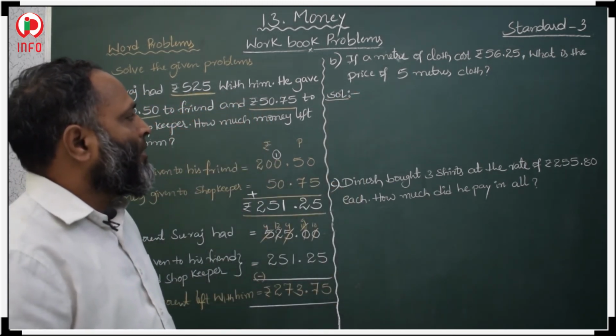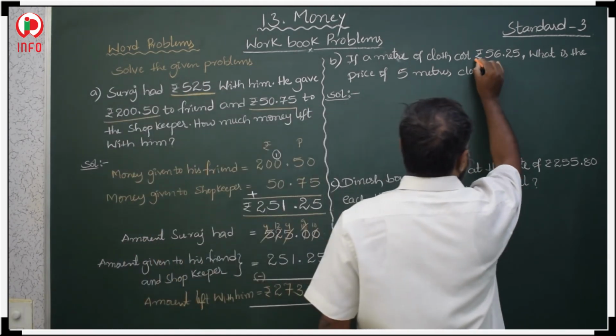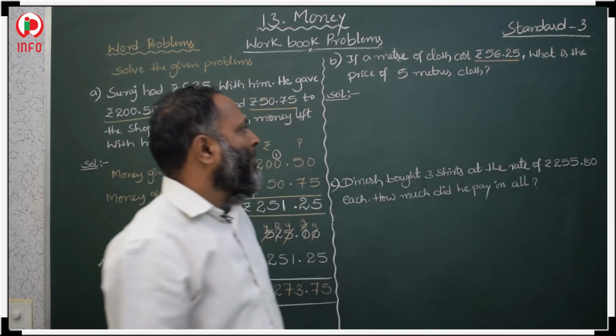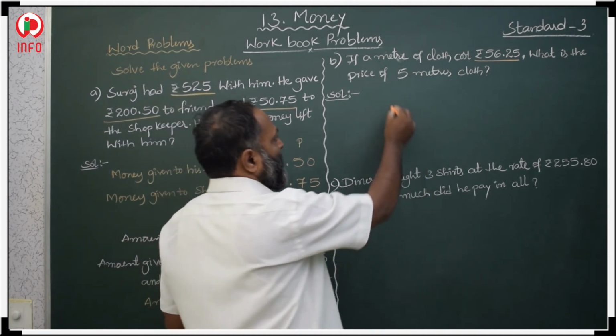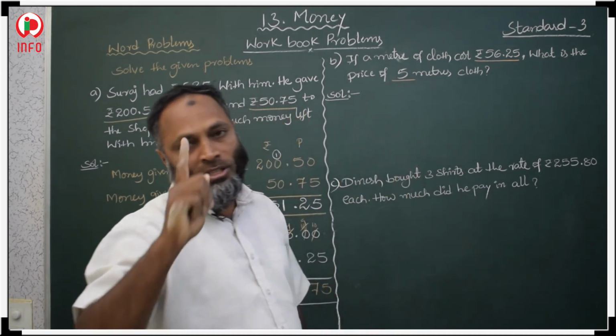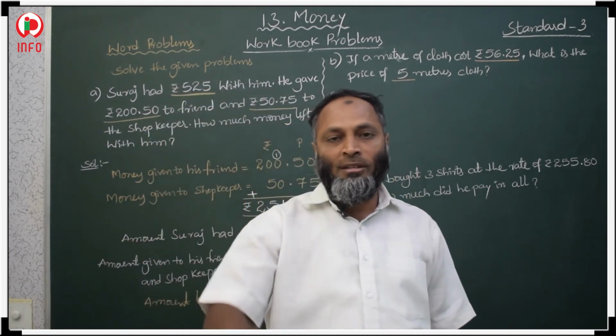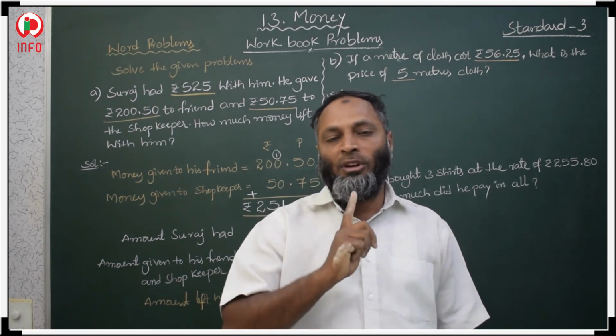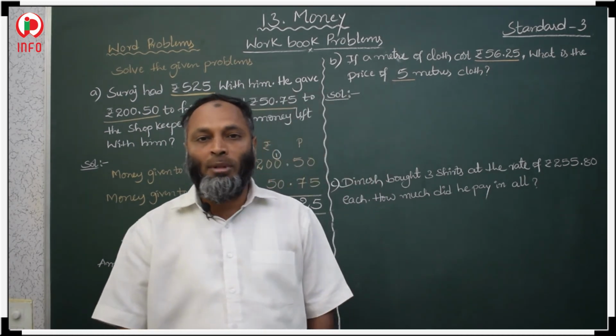If a meter of cloth costs 56.25, then what is the price of 5 meters of cloth? So 1 meter of cloth is given and he is asking for 5 meters of cloth. If the unit is given and he is asking for more, it means we should multiply.